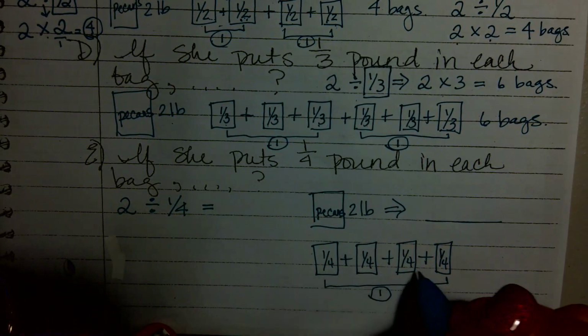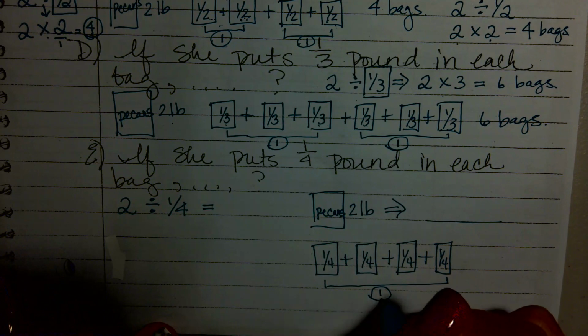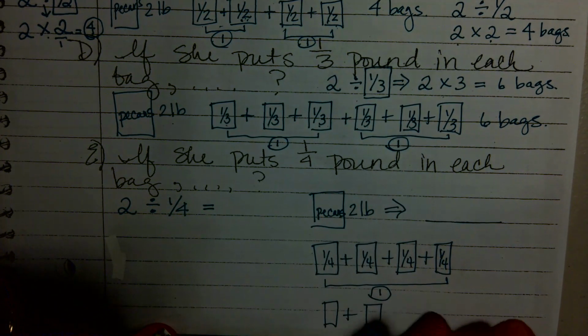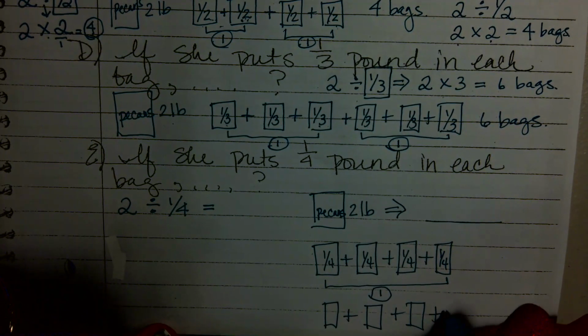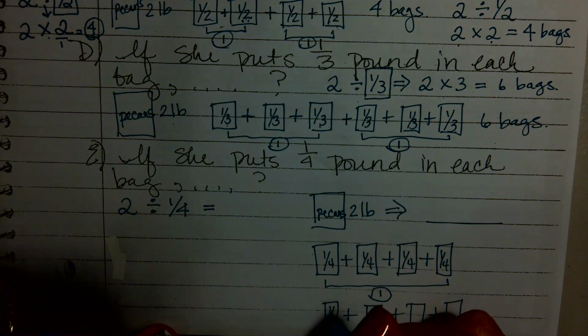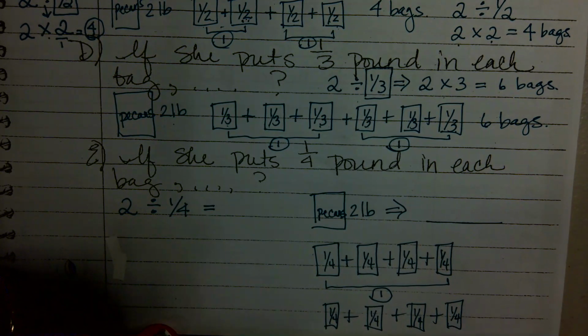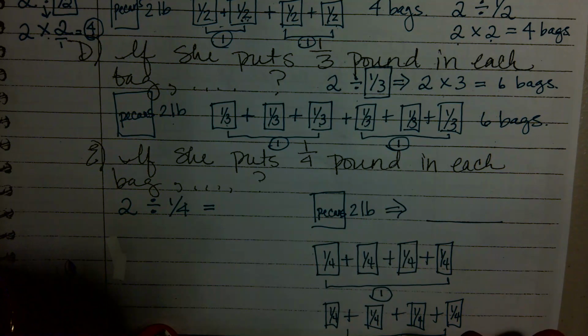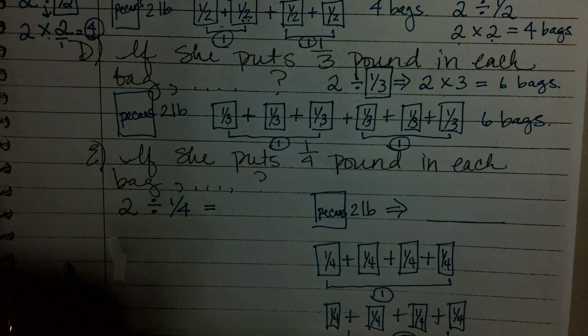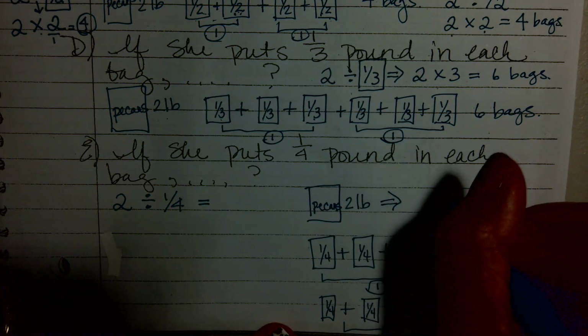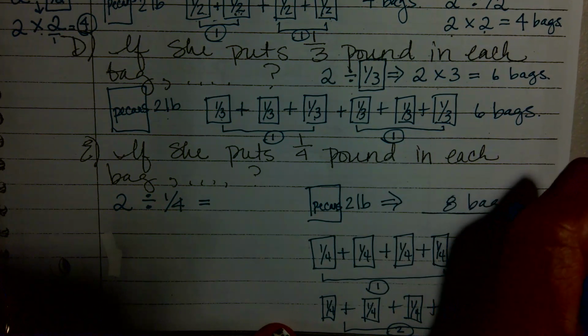So now I have to make 4 more because this only is giving me 1 pound. One-fourth, 1/4, 1/4, 1/4. So how many bags can you make that are filled with 1/4 of a pound? 1, 2, 3, 4, 5, 6, 7, 8. 8 bags, right?